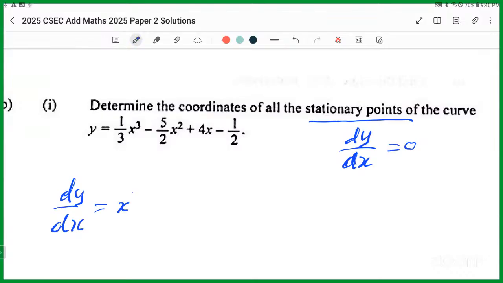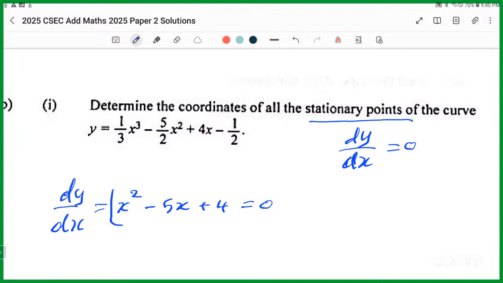Then differentiate the next term: the 2 multiplied by 5 over 2, cancels the 2, and we get 5x. Differentiate this one, get plus 4. And that's all equal to 0 at the stationary point.